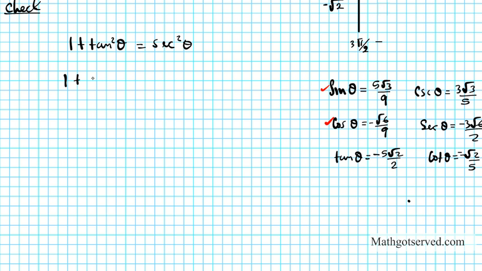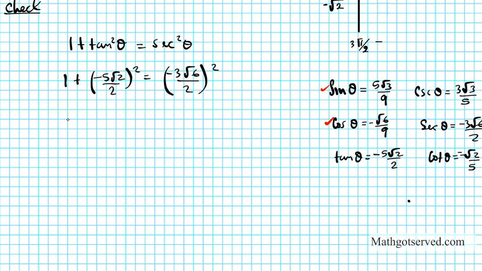Tan theta is negative 5 root 2 over 2, and secant theta is negative 3 root 6 over 2. Let's simplify both sides and see if we get a true statement.